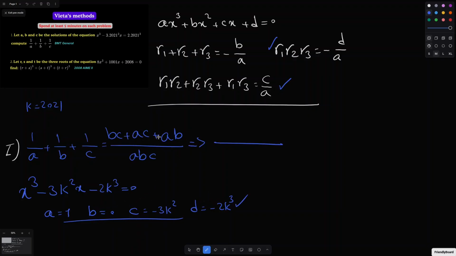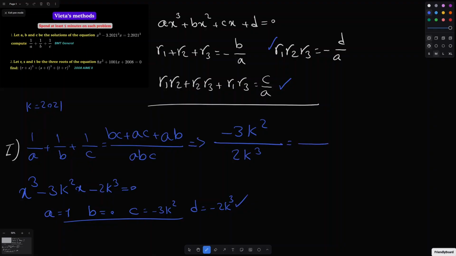Now I'm just going to add them in here and see what we get. C over a is minus 3k squared over 1, and for the denominator, which is the multiplication of the roots r1 r2 r3, it's minus d over a. Our d is minus 2k cubed over a, which is 1, and there is another minus, so it's going to be 2k cubed.